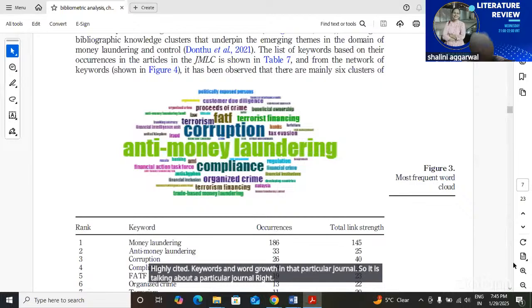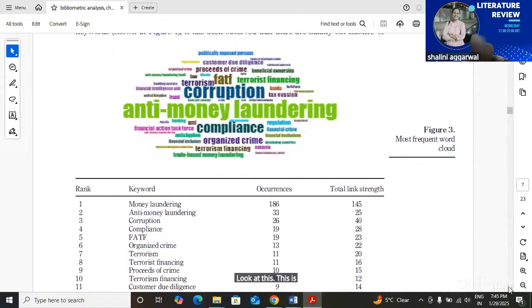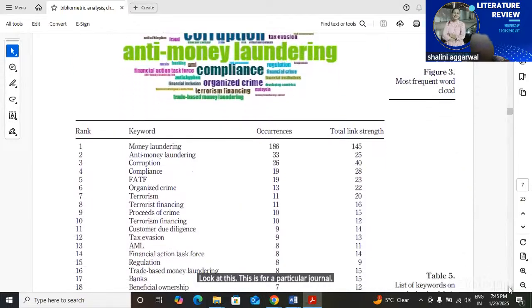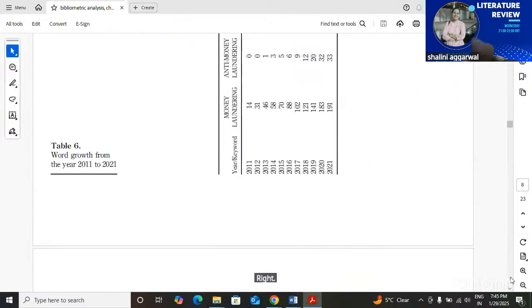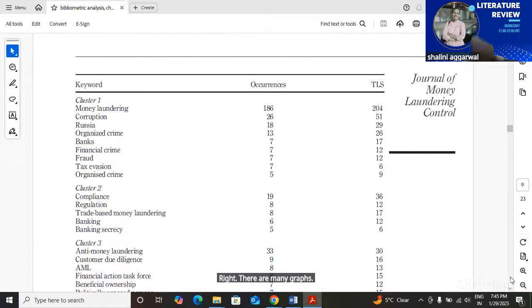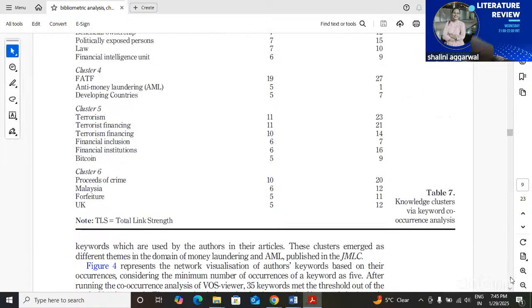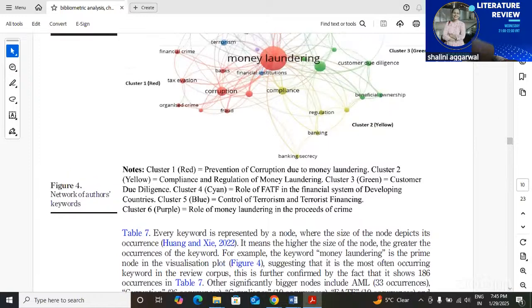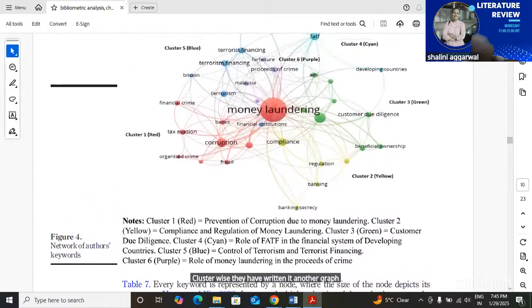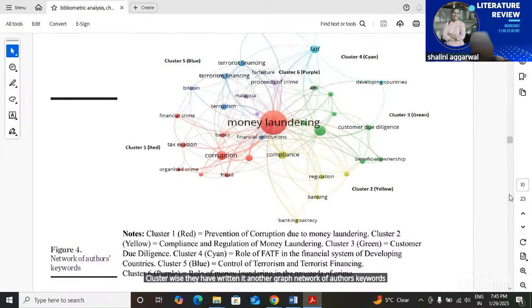Look at this, these are the keywords for a particular journal, right? And there are many graphs, cluster wise, they have written it. Another graph, network of authors keywords.